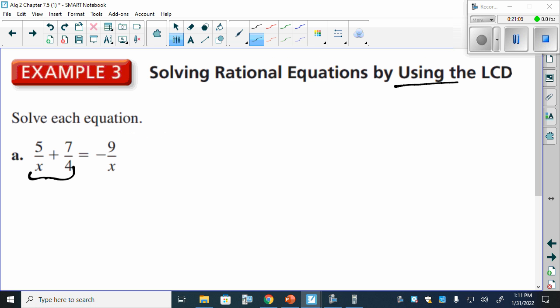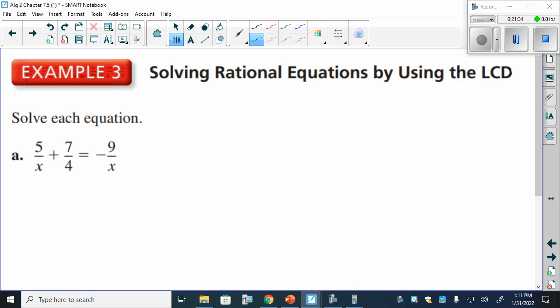And here it changes to using the least common denominator, LCD. Now, the reason that they changed this is because cross multiplication only works if we have one fraction on either side of the equal sign. Then we can do that. Here, because we have 2 on one side and 1 on the other, we can't actually do cross multiplying.